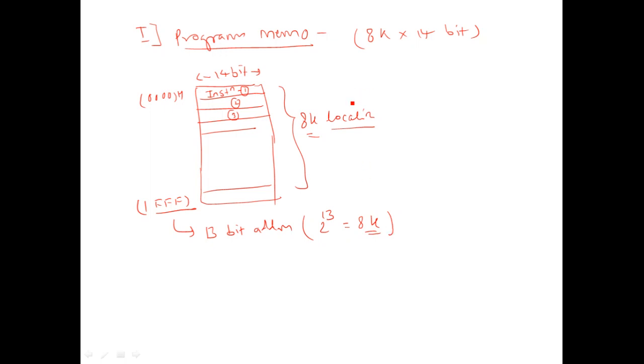So to address 8 kilo locations, you need a 13-bit address. And that's why the address map of the program memory is from this to this. So the program counter of this microcontroller is 13-bit wide. You know this. Program counter is 13-bit wide.